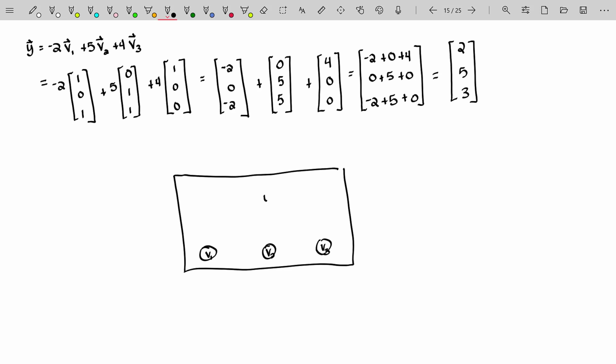The frequency they're trying to listen to is the vector y, and they would turn this dial right here maybe 2 units in this direction, and they would turn the second dial 5 units, maybe in this direction, and the third dial, they would turn 4 units in this direction. That's kind of how I think about it. You're just turning those dials to a proper frequency so that you can target this correct vector.